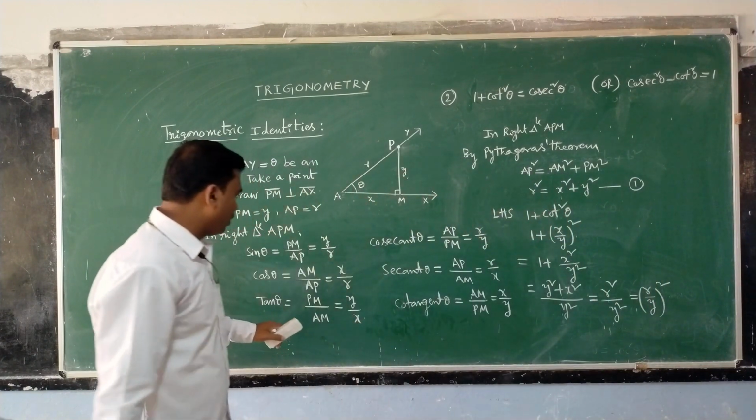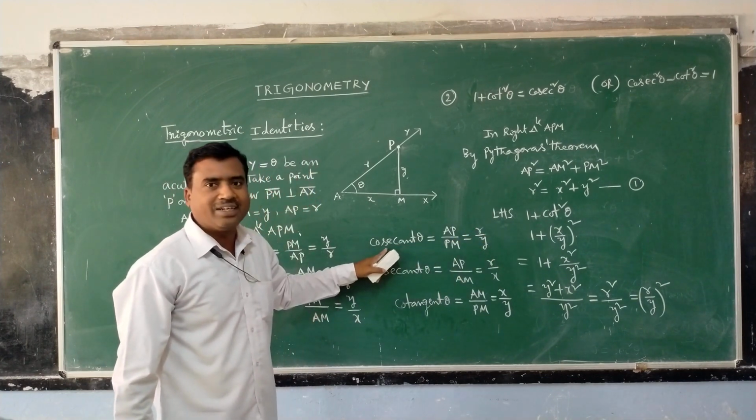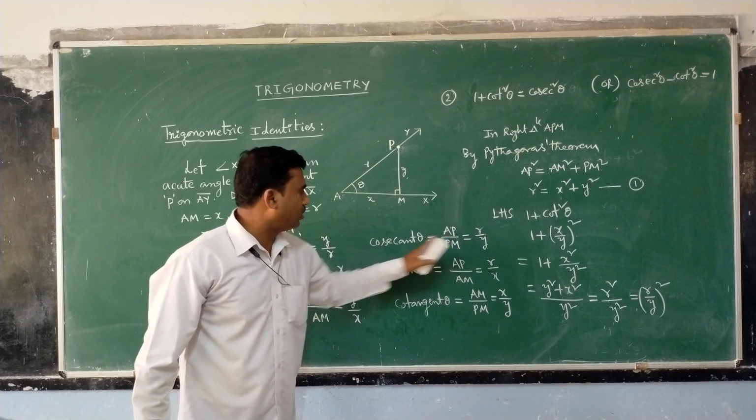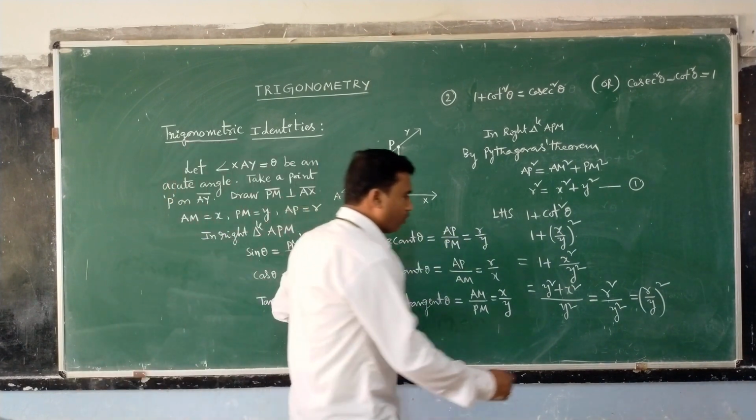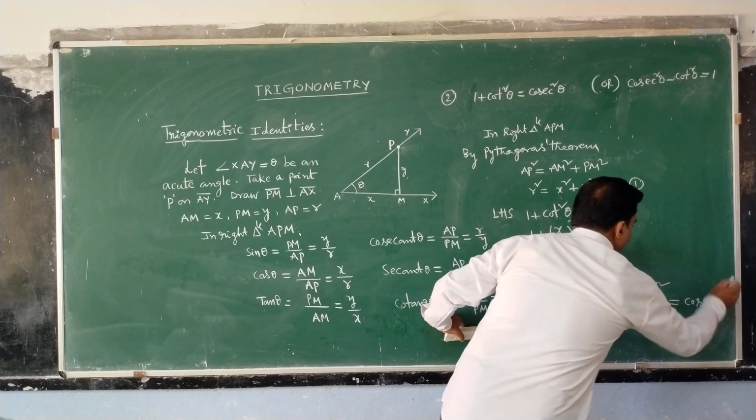Now r by y is equal to cosecant theta. Therefore, that is equal to cosecant square theta.